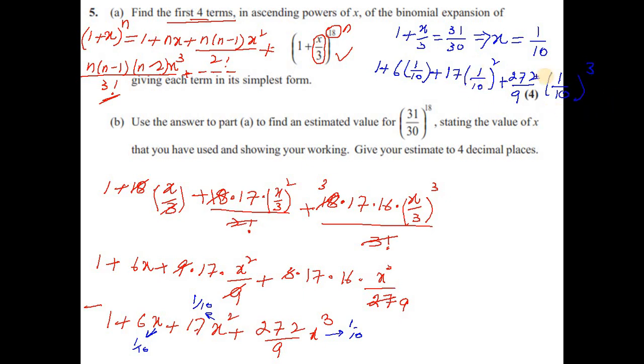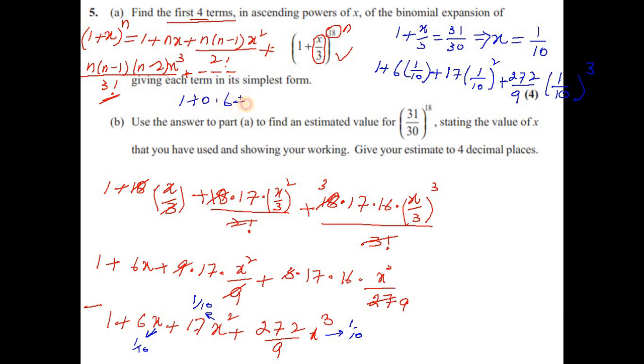So this is 1 upon 100, 1 upon 1000, and if you simplify these expressions, you have 1 plus 6 by 10, 1 plus 0.6. So let's do it here.